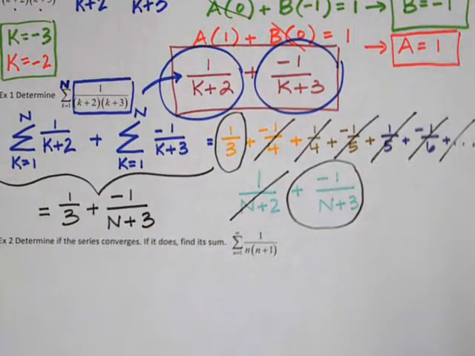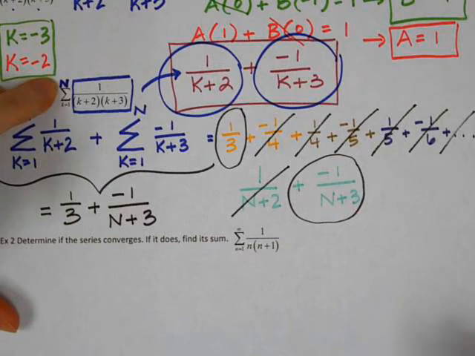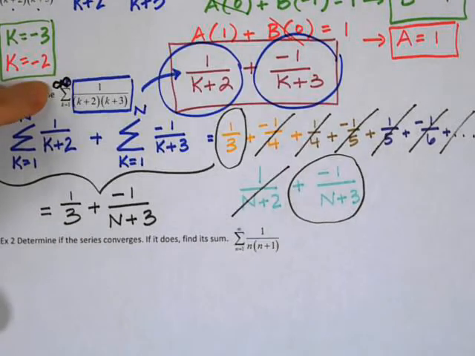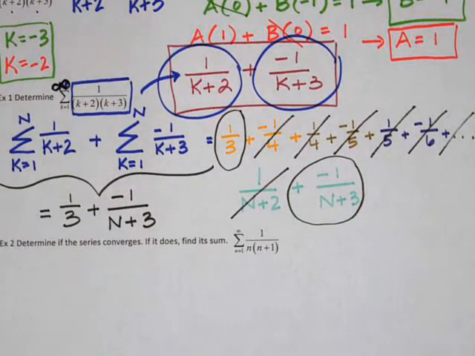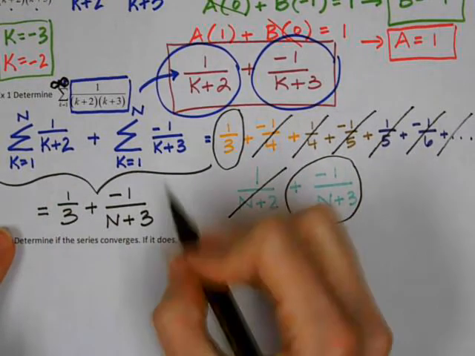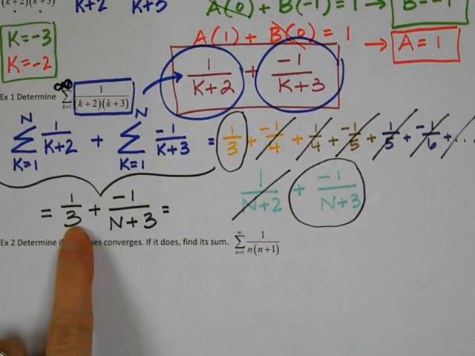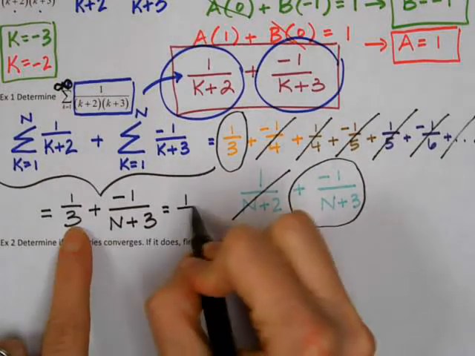But we're not done yet. It wasn't n. Remember in the beginning it was infinity? So now we have to say, as n approaches infinity, what does this actually equal? As n gets bigger and bigger, 1/3 is just going to stay 1/3. That's not going to change.